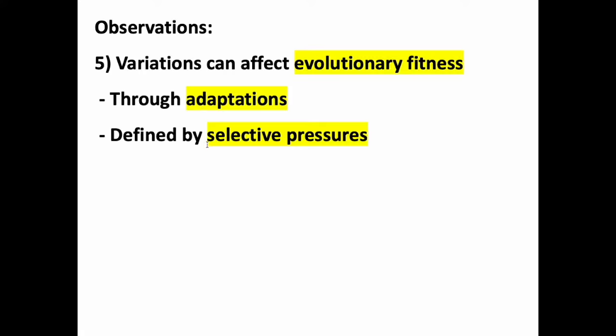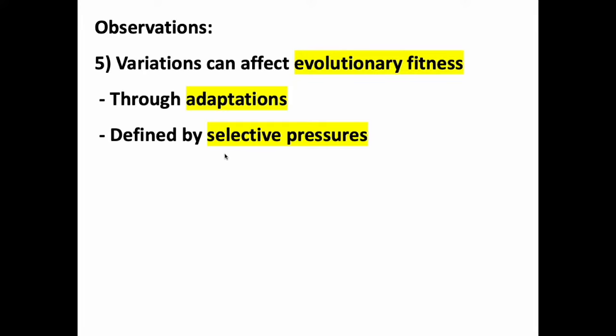So that brings us to the third key terms definition in this single slide. What is good and what is not good is defined by something called selective pressure. You read selective pressure: it is any factor that causes one allele or phenotype to be better than another.